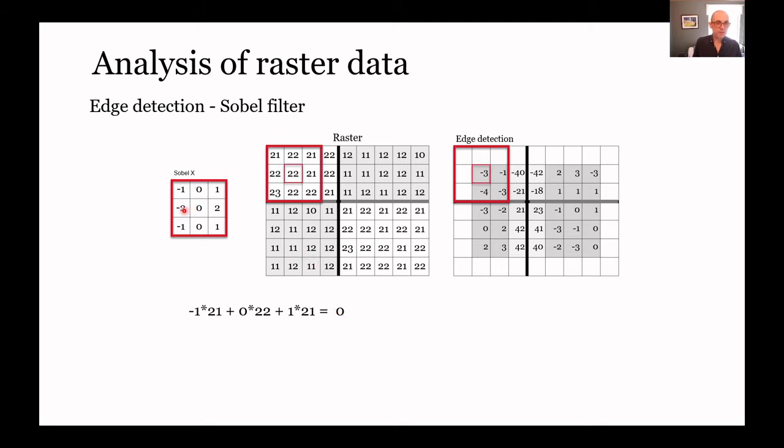We go down to the next row here, -2 times 22, 0 times 22, 2 times 21. That sums up to -2. The next row down, -1 times 23, 0 times 22, 1 times 21. That sums to -1. We then sum all of those up and we get -3. That's that number there.